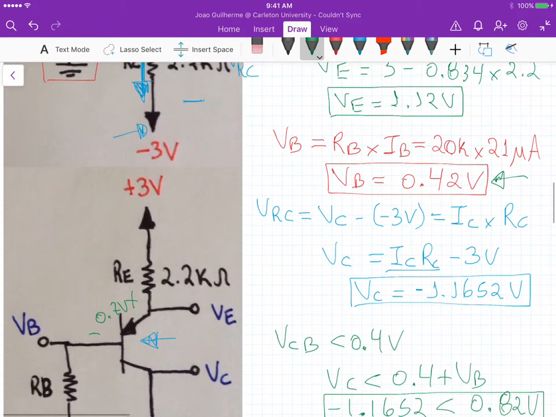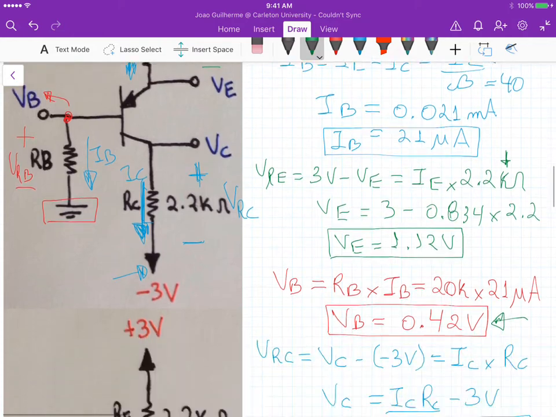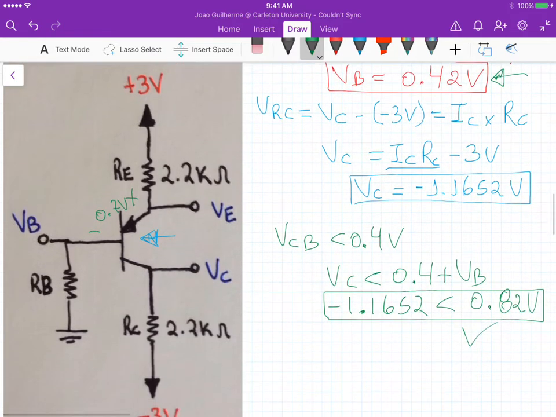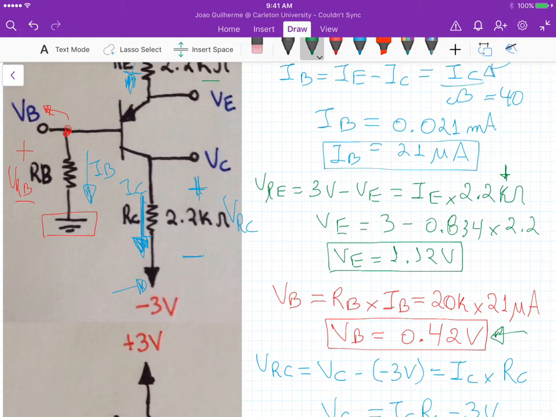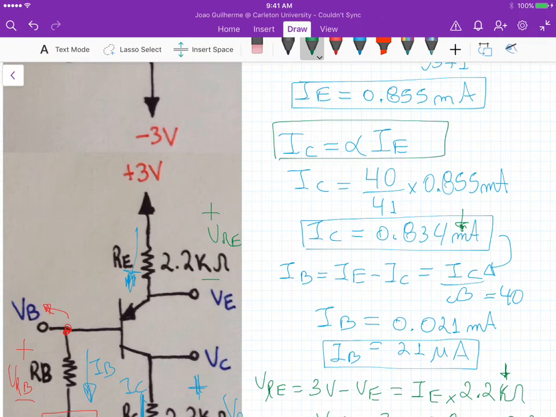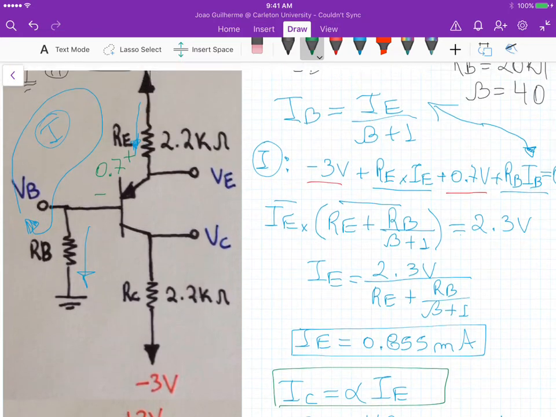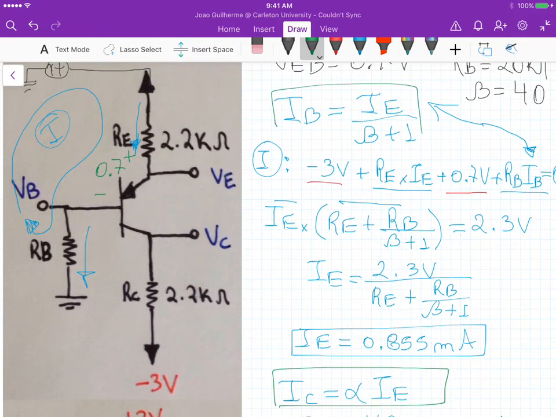And the values of VB, VE, VC that we calculated here hold, they're correct, okay? And remember that this assumption allows us to use these equations here, right? So this equation here, and also this one here, they all come from the condition that the BJT is operating in the active mode region.